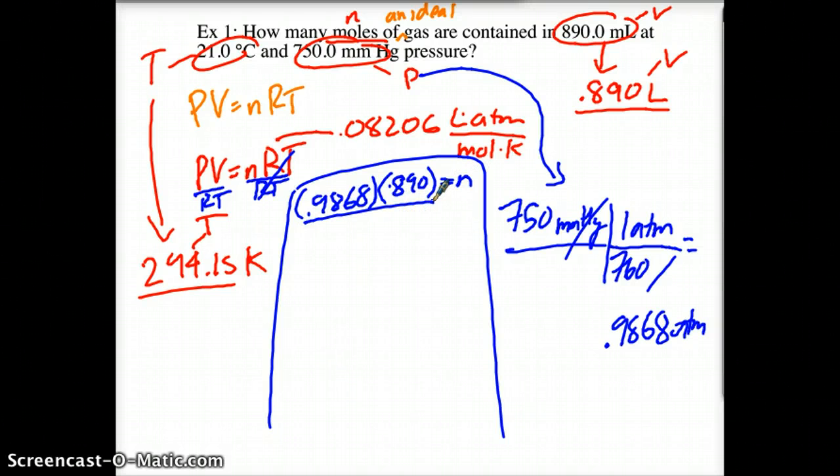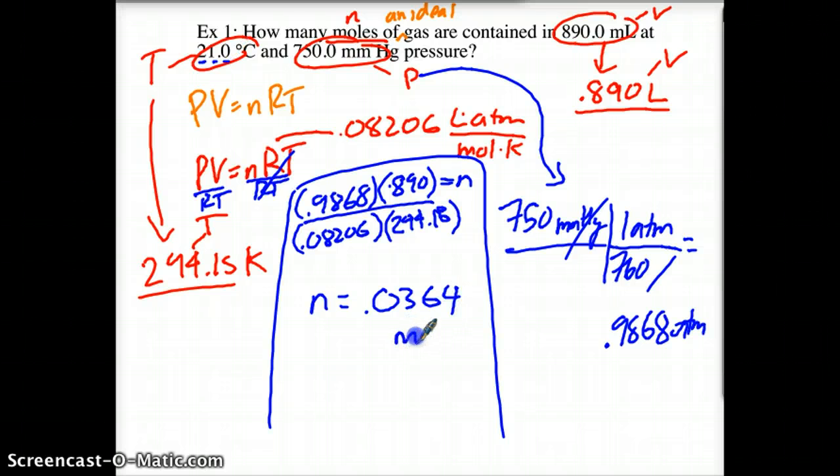R is 0.08206, and my temperature, 294.15. If I go ahead and do the calculations, I should solve for the number of moles, 0.036. And let's see, how many sig figs do I need? The fewest is 3 sig figs, 1, 2, 3. So 0.0364 moles of a gas.